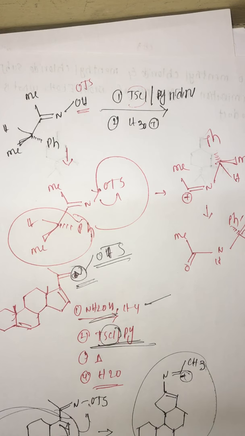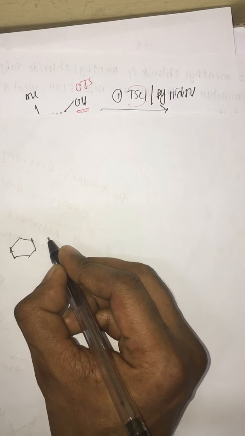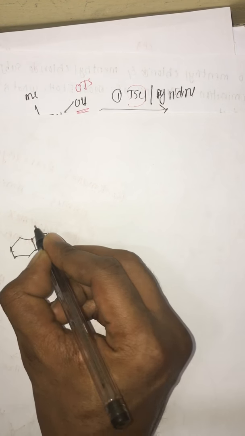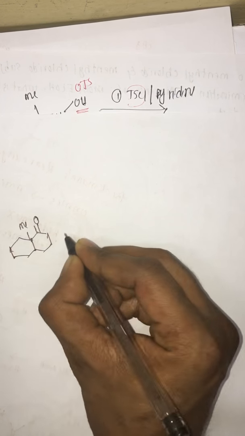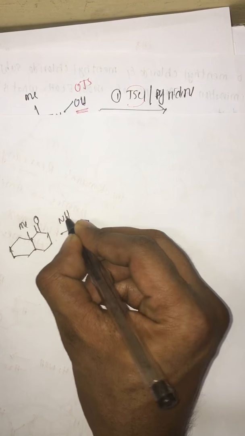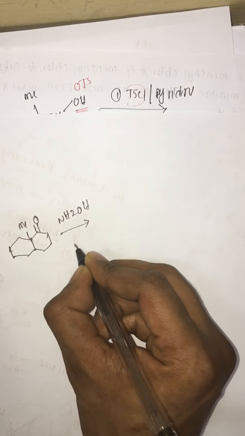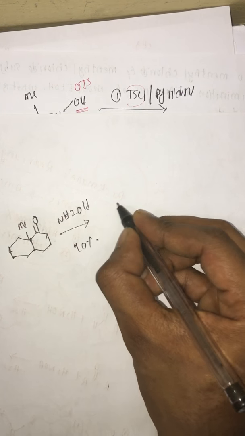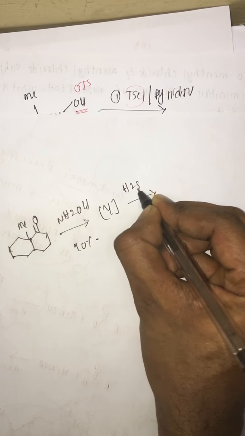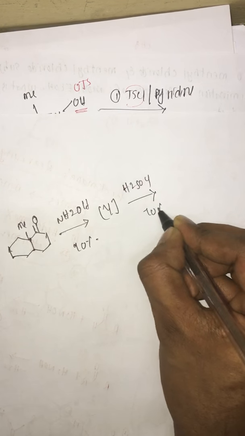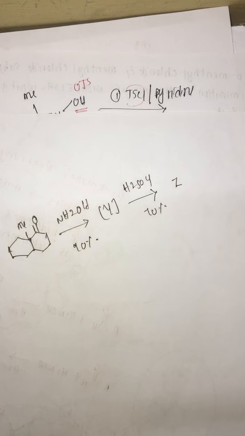And the next question asked in the GATE exam is this one. This is a favorite reaction for the GATE exam. So here we have NH2OH, it's 90%. This is Y upon treatment with H2SO4, 70% Z. So we need to identify.